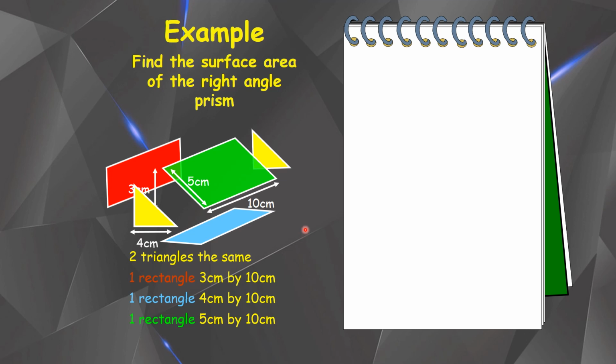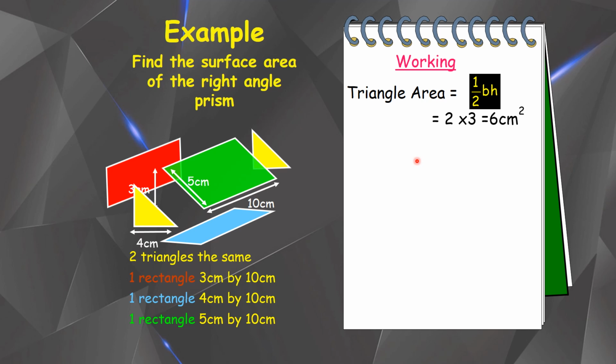So let's check how you'll find the surface area of this right angle prism. First, we know how to find the area of the triangle, right? Half BH. So replacing the values, 4 times 1 over 2 times 3 will be 6. So 6 centimeters square will be the triangle area. We are finding one triangle area first.